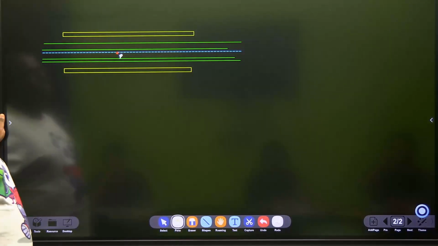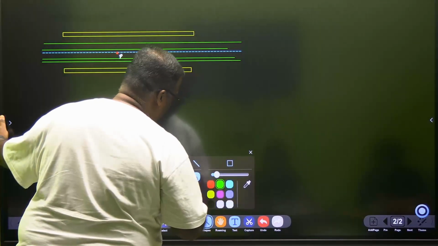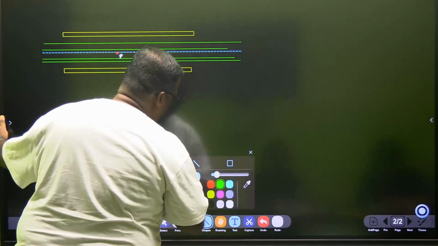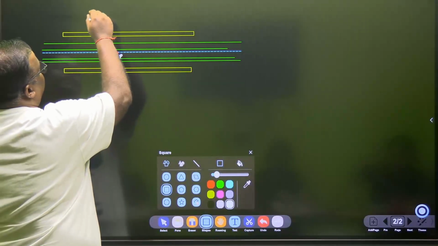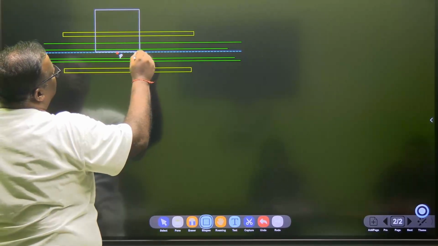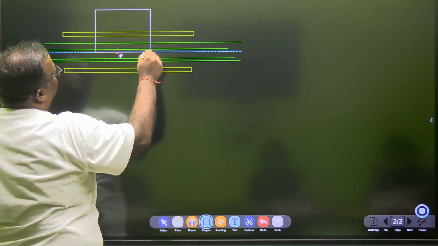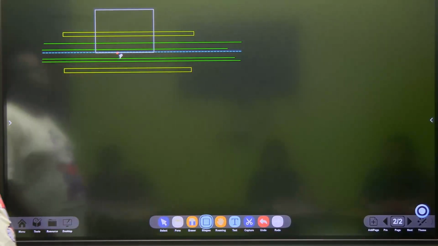In order to calculate the magnetic field intensity here, we will consider Ampere's circuital law. So we will go for an Amperian loop, and this time the Amperian loop that we select is a rectangle. Let's say this is our Amperian loop.